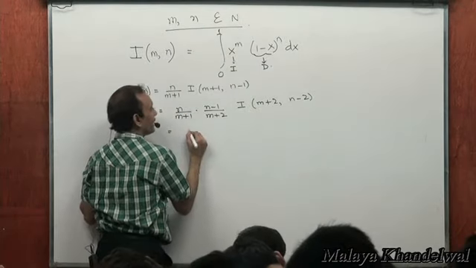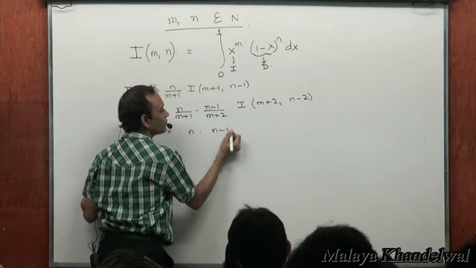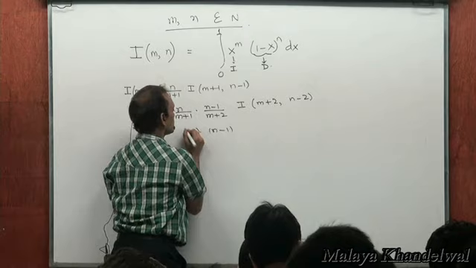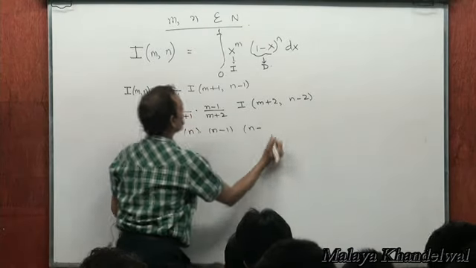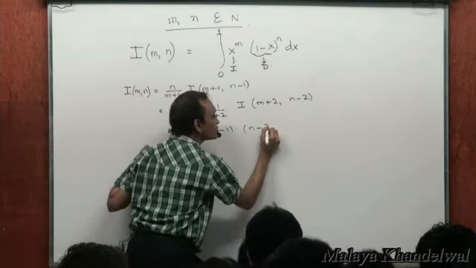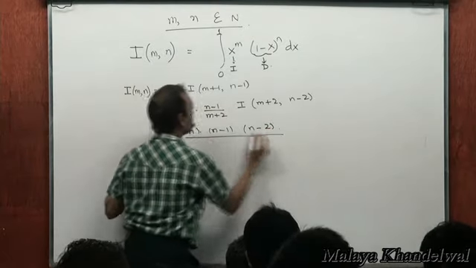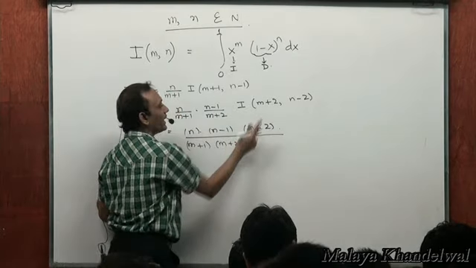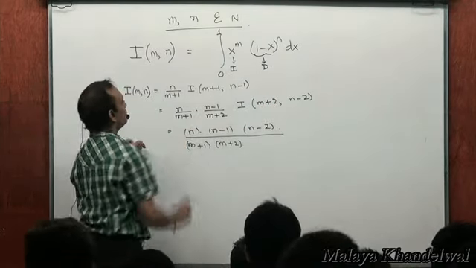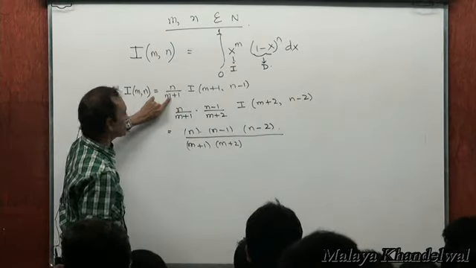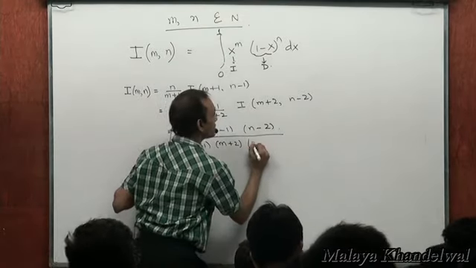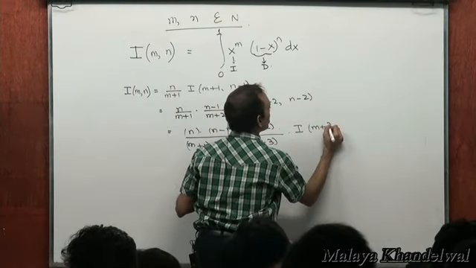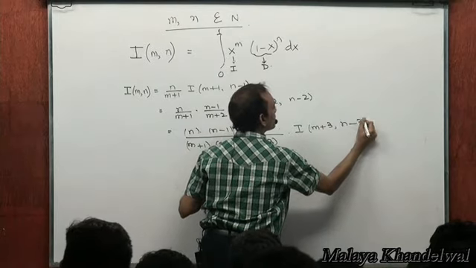This is going to become n into n minus 1, and n minus 2, divided by m plus 1 into m plus 2, and 1 more than this, m plus 3, I m plus 3, n minus 3.